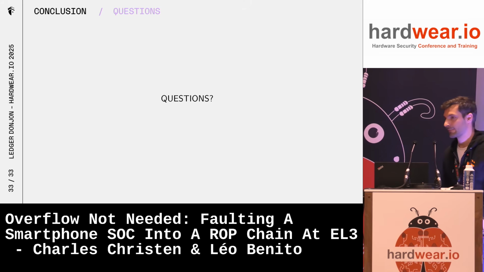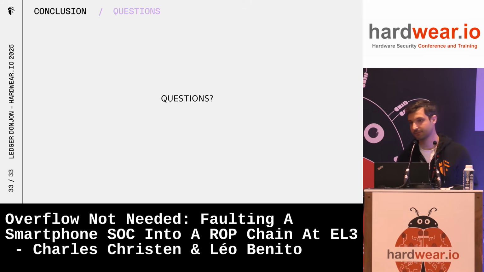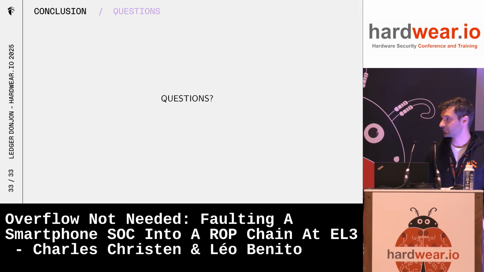Any other questions? I noticed that it's the second time in these 2 days that EM injections were used. And they also realized in the previous talk yesterday that the glitch was very similar to what voltage injection would look like.